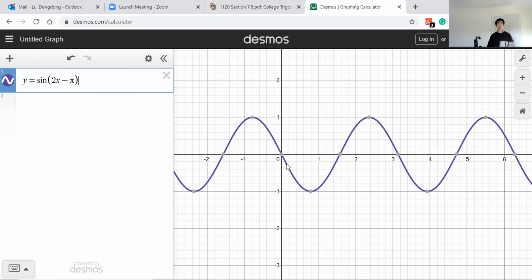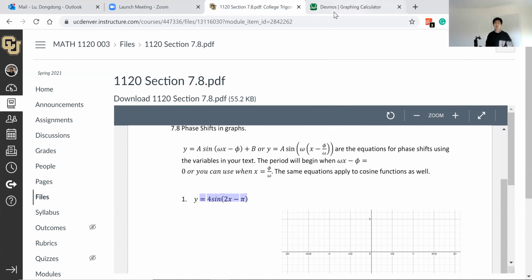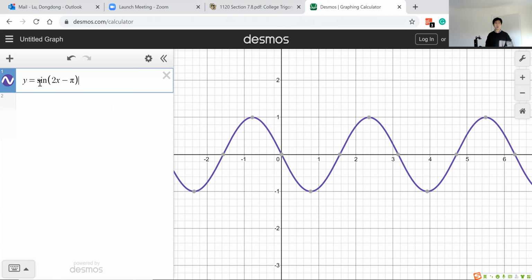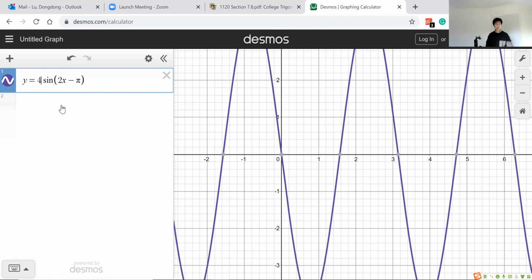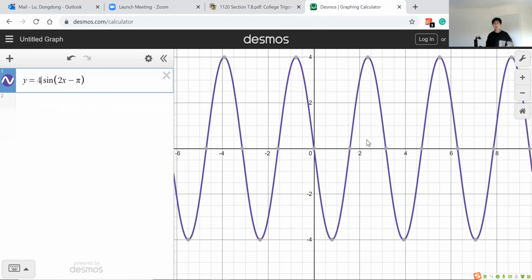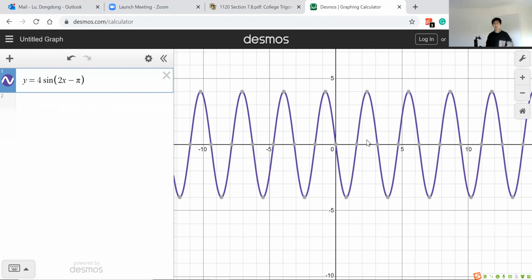Okay, is that what we're drawing? Let's see. I missed the 4 in front. This function looks like this, okay?